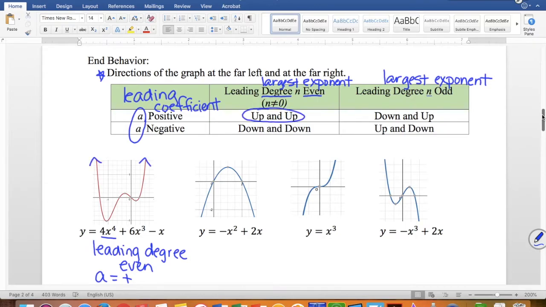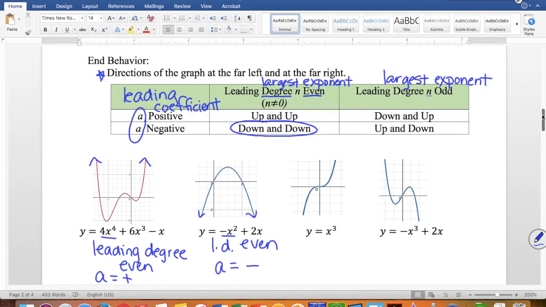My graph is going up and up on each side. Okay? Over here, this next one. Again, leading degree, I'm just going to say LD, is even. But my A is negative. So this time, instead of up and up, my leading degree is even, but my A is negative. So I should be down and down. And I am. Down and down.